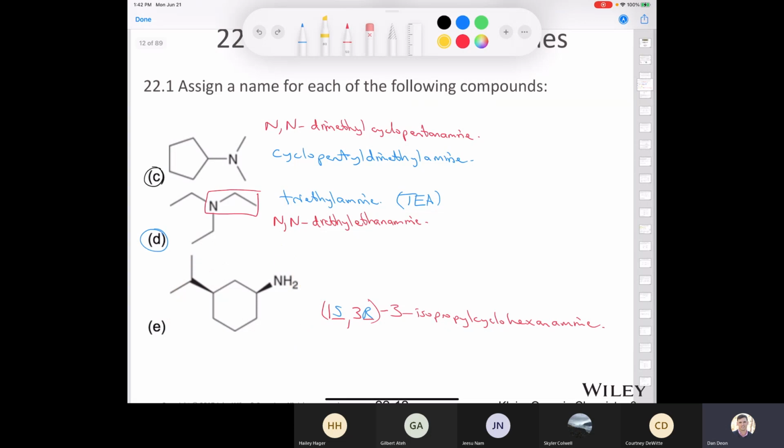If you had this, you'd call that cyclopentanol. If you have this, you call it ethanol. So you get cyclopentanamine, ethanamine. That's, I think, the easiest way to do it if you're ever stuck on amine nomenclature: just think of it like an alcohol.